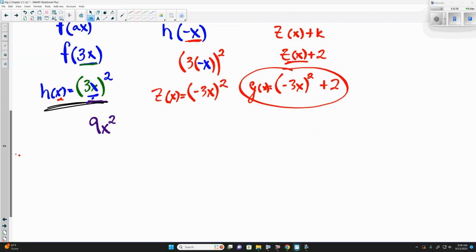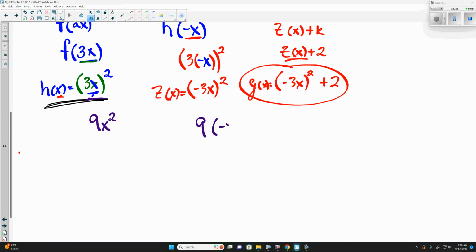Which would mean when we applied the negative, it would have been 9 negative x squared. And again, this is above and beyond. You don't have to do this, and if this is too much, do not worry about it, okay? I'm not asking you to do all of this here. Now, our negative x squared, just like our 3x, we can multiply by itself. Negative x times negative x is just x squared, and when we add 2, we get 9x squared plus 2. So 9x squared plus 2 and our parentheses negative 3x close parentheses squared plus 2 actually are the same function.